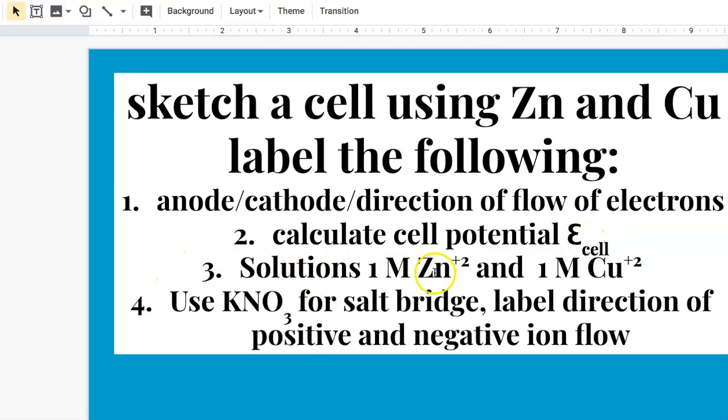Assume that your solutions are 1 molar zinc and 1 molar copper, so they'll be what it appears as on your reference table. And again, you can use KNO3 as your salt bridge, just like the last one. Show where the ions are going to flow. Now I'm going to encourage you to pause the video here so you can make your own drawing. But when you're ready, go ahead and unpause and we'll go to the next slide.